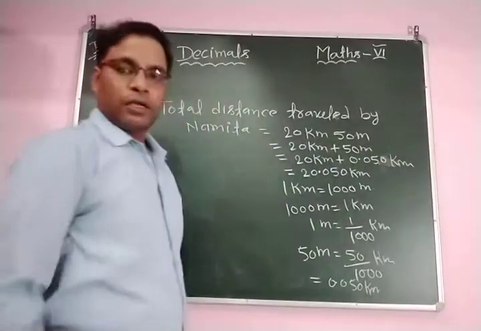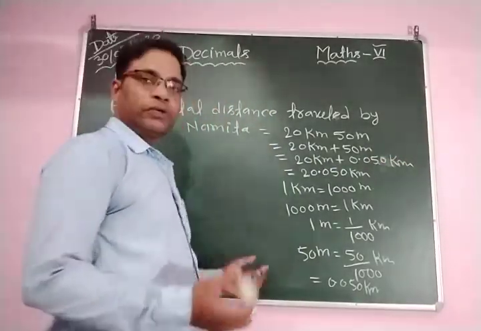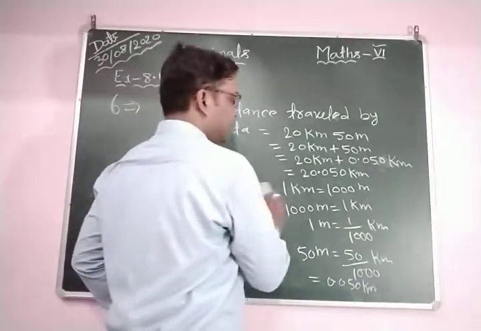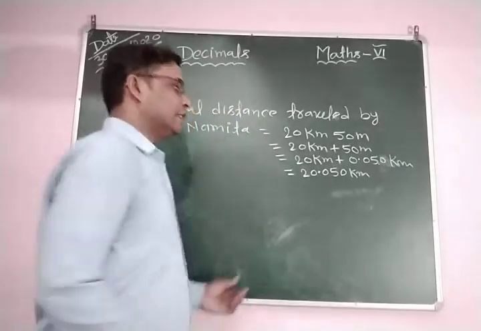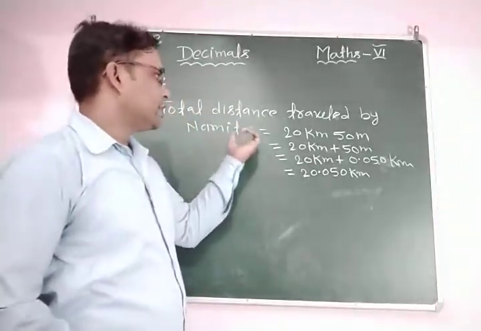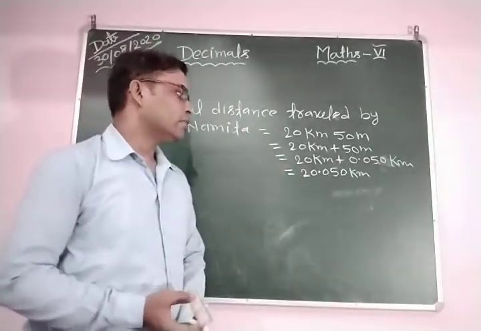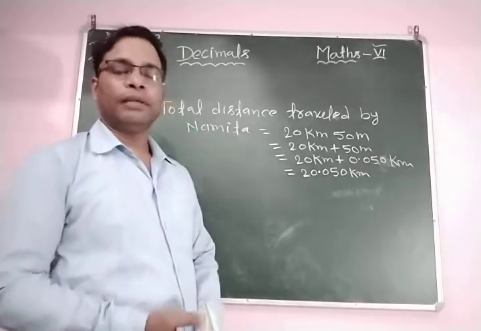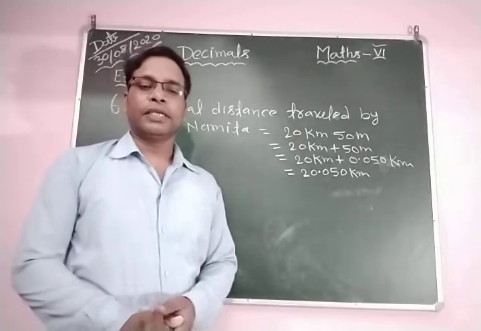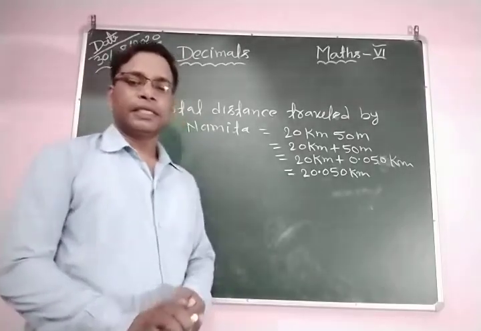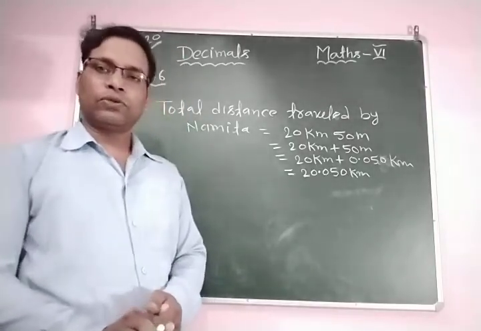Okay, so you can see here we convert this 50 meter into kilometer. So the total distance traveled by Namita is 20.050 kilometers. Okay, now it is given that the distance traveled by bus is 10 kilometer 200 meters.